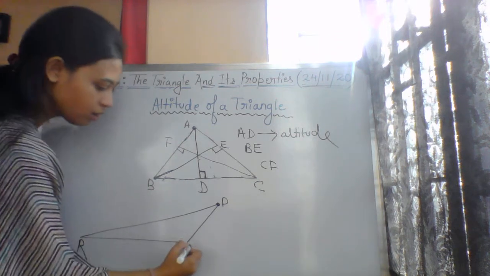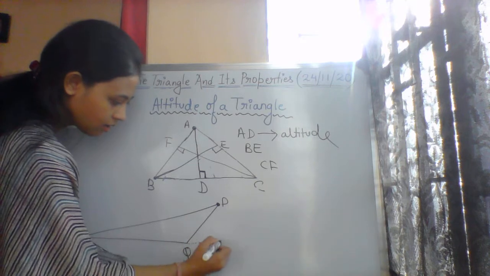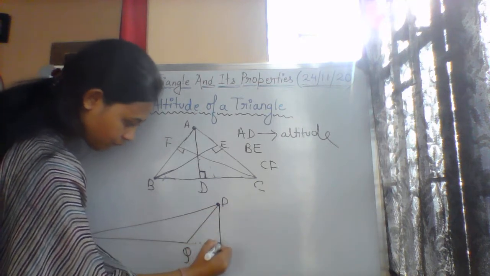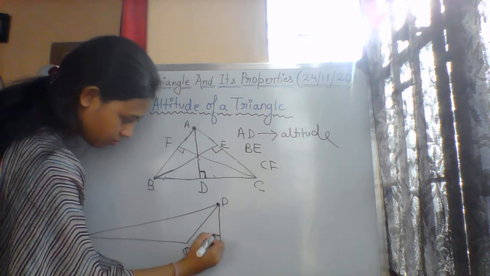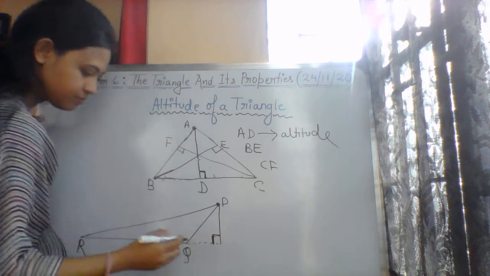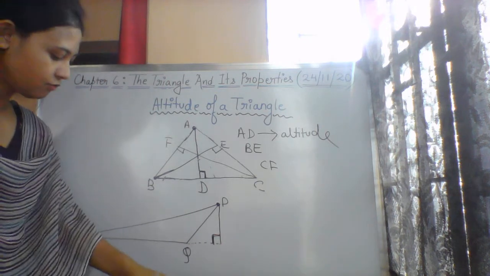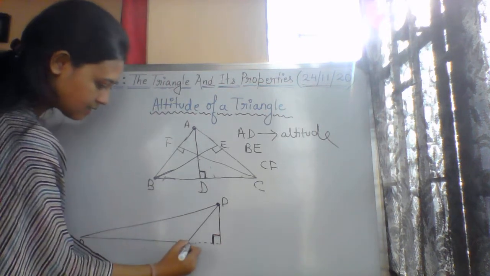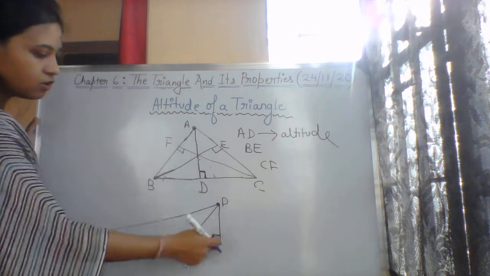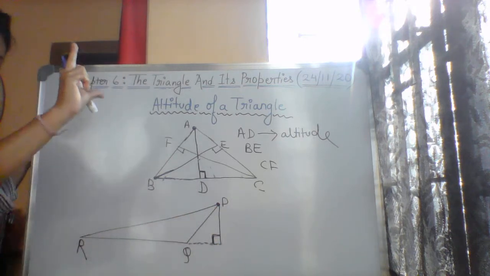How can you find it out? So after extending this RQ, you can just get that vertical height.